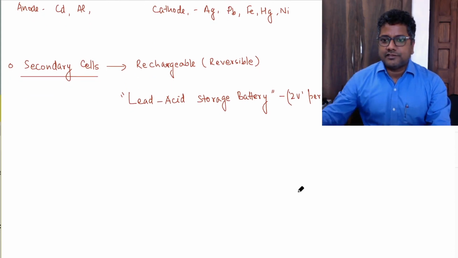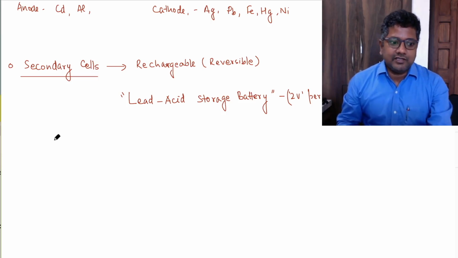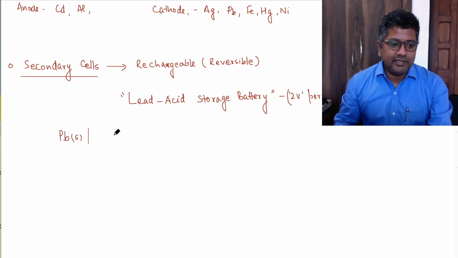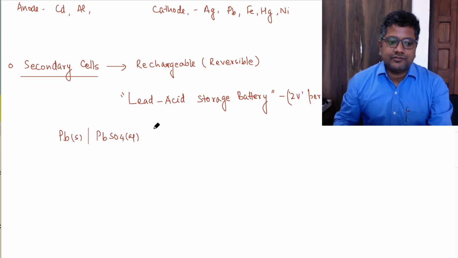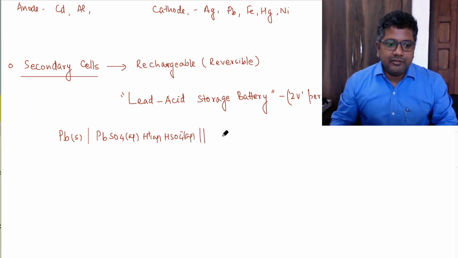Now see how this is constituted. What is the representation of this cell? This is a very unique cell. Pb solid will give PbSO4 aqueous, H plus aqueous, HSO4 minus aqueous, and PbSO4 solid and Pb.